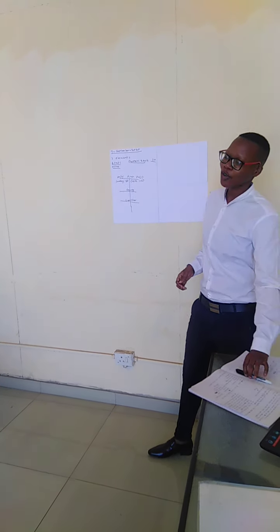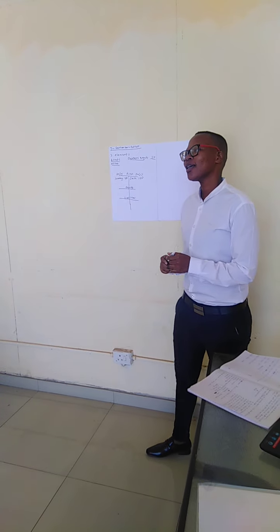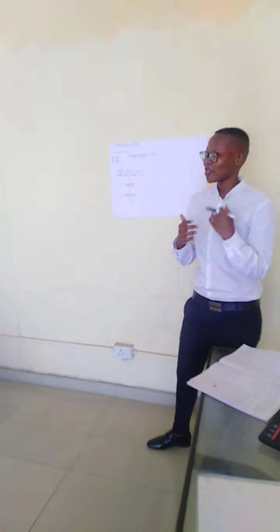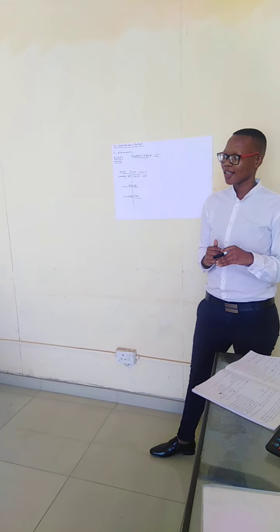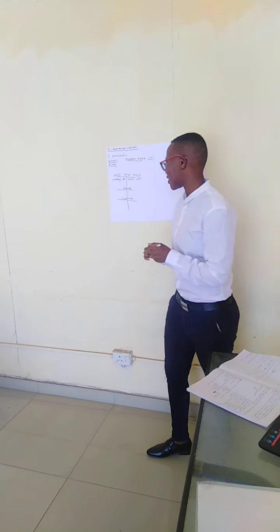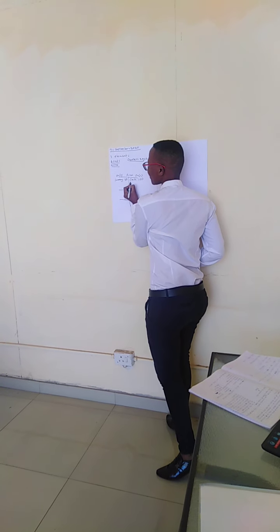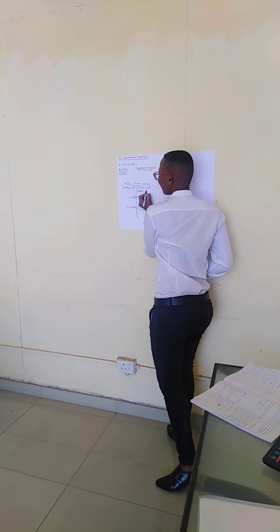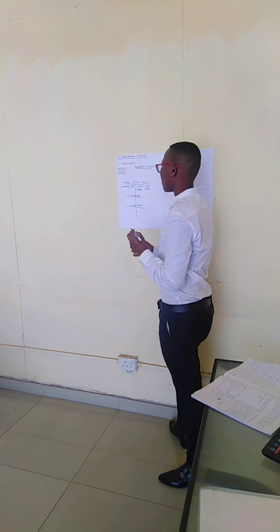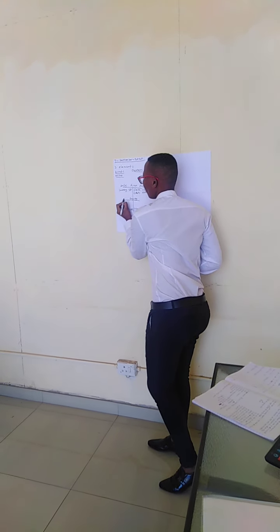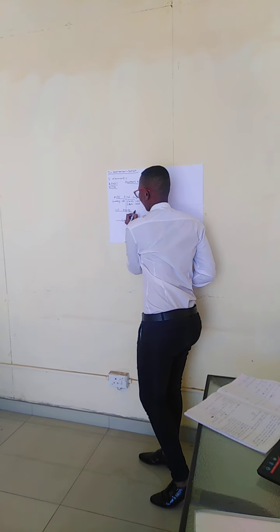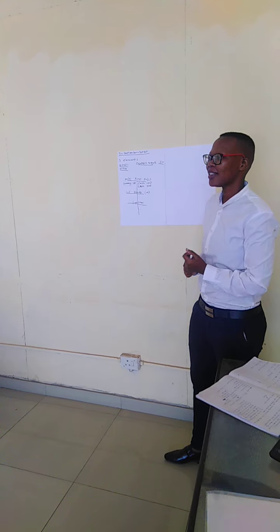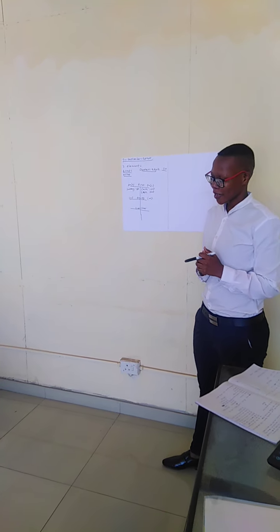If I withdraw 500 rand from the business account, is cash going to increase or decrease? It's going to decrease. So it's going to decrease on the credit side by the 500 rand that I withdrew. And then we said that my drawings are equity in the business.